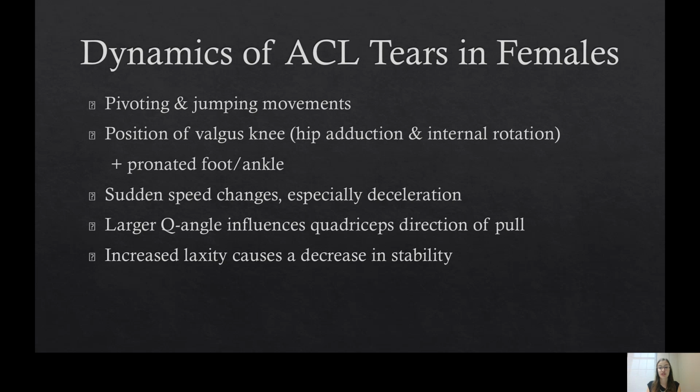Furthermore, sudden changes in speed, especially rapid deceleration, place abrupt forces on the knee joint that can cause an acute rupture. As discussed on previous slides, some believe that females' larger Q angles influence their quadriceps direction of pull. Last, females' increased laxity in the connective tissues decreases the stability of the joint when they're moving.